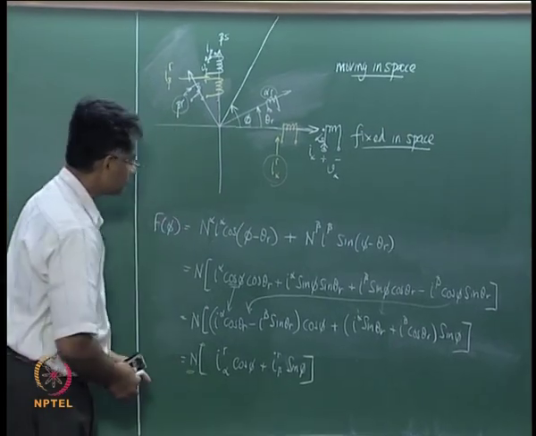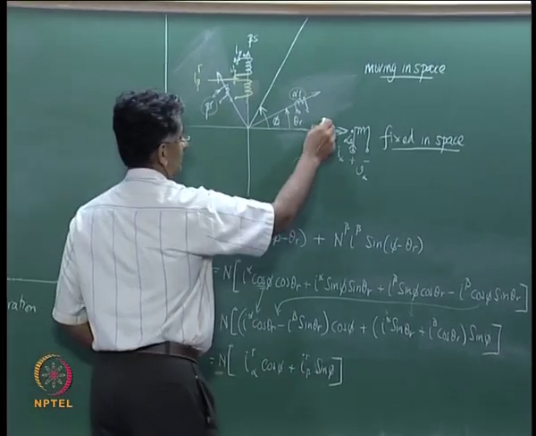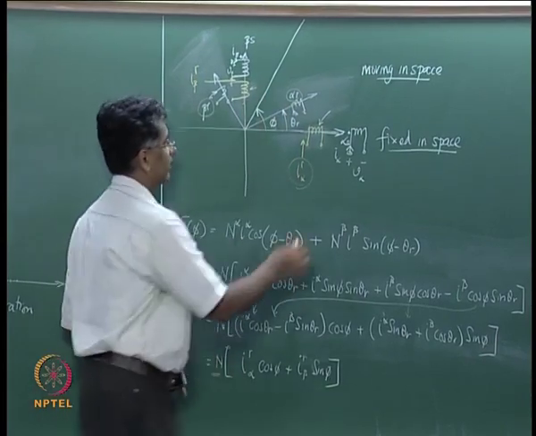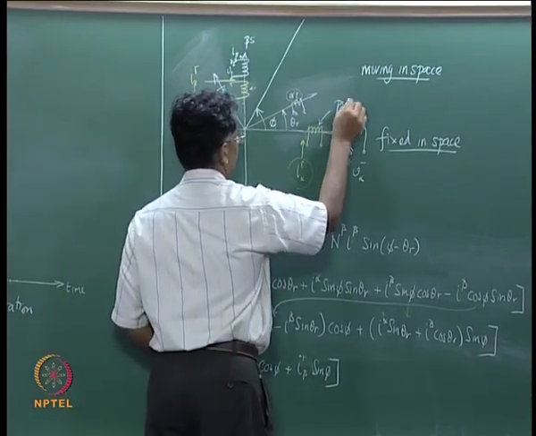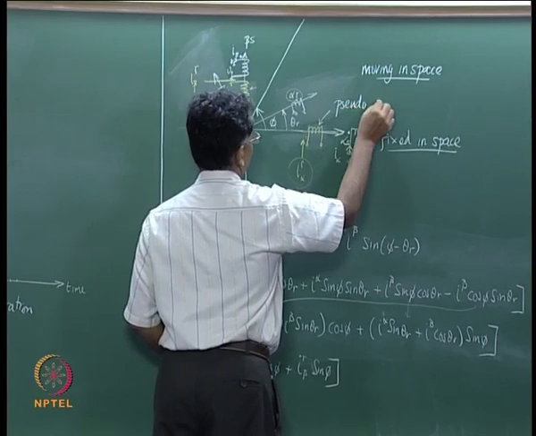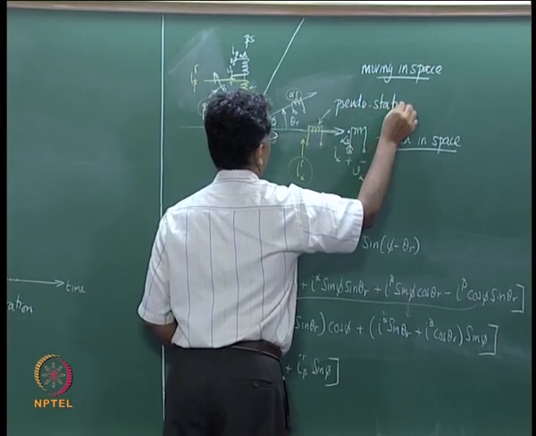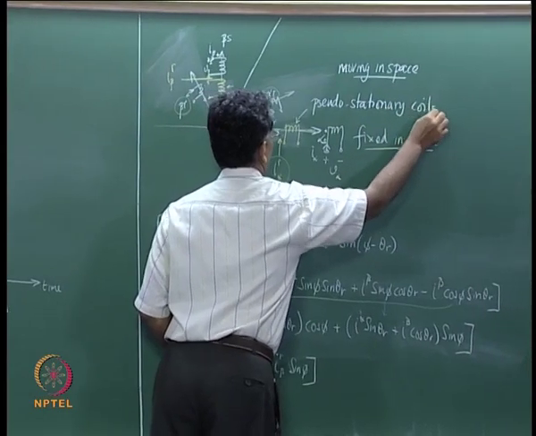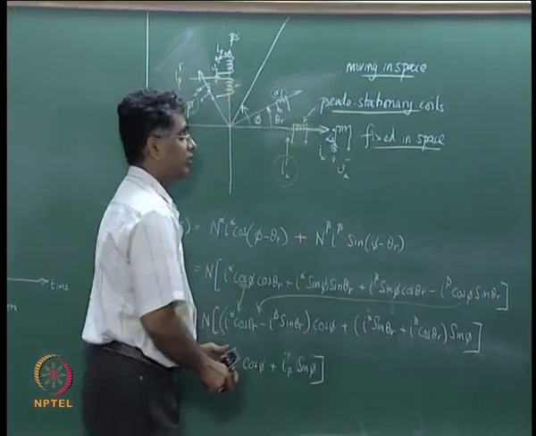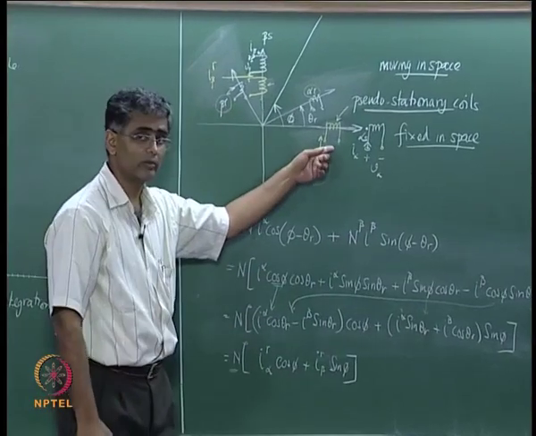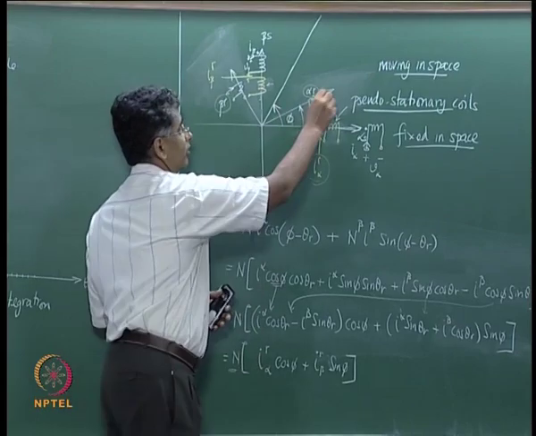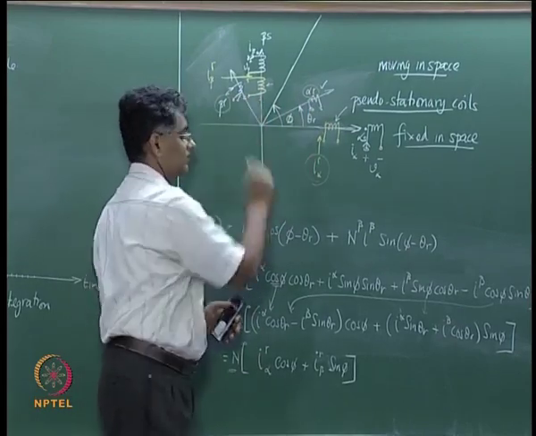Therefore, these coils, this one and this one, are called pseudo-stationary coils. Why pseudo-stationary? Because the actual MMF is not being produced by these two coils, but by the rotating coils.